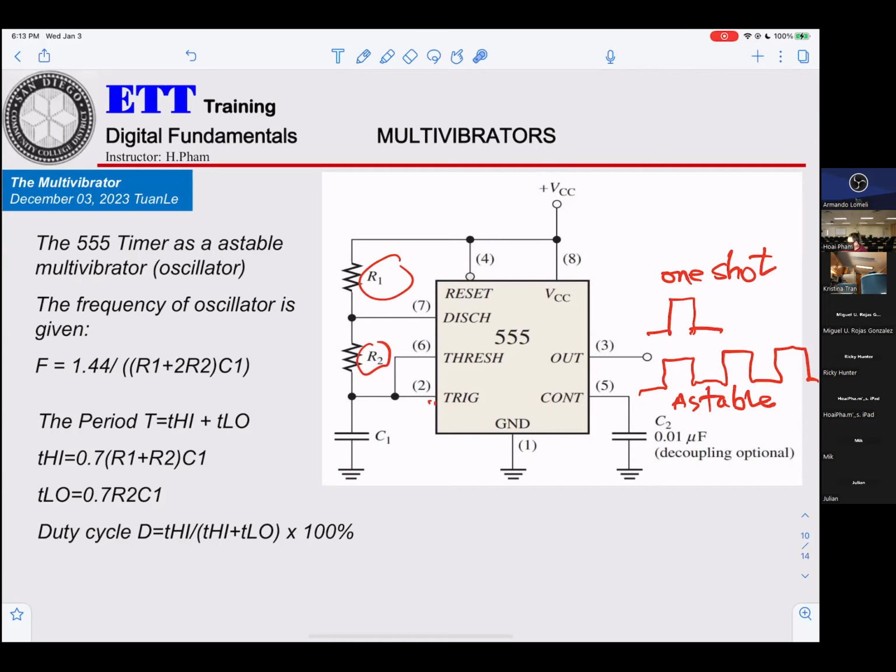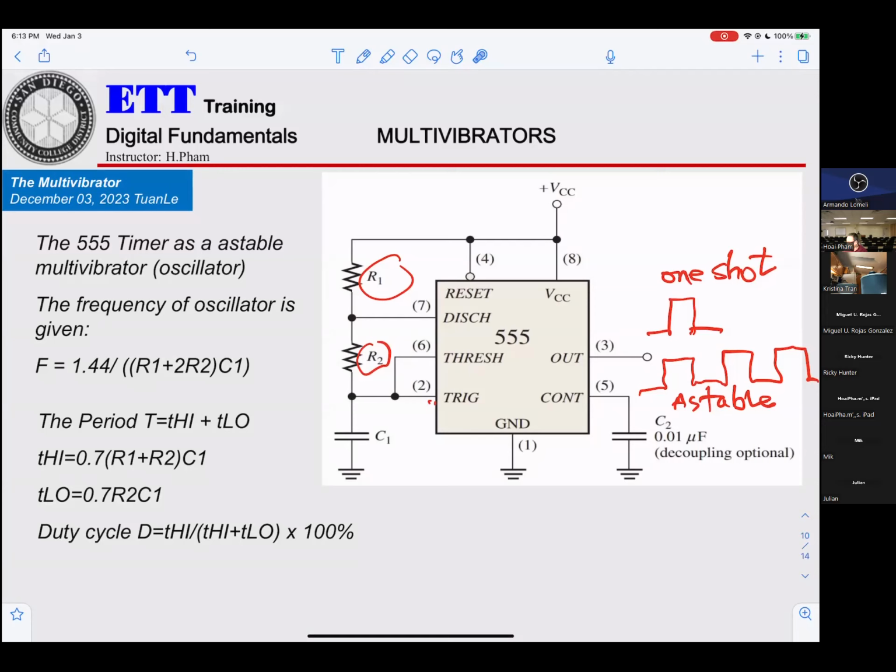And the period of the signal, T, will be T high plus T low. T high will be 0.7 times (R1 plus R2) times C1. T low will be 0.7 times R2 C1. And we also calculate the duty cycle: D equals T high divided by (T high plus T low) times 100%.